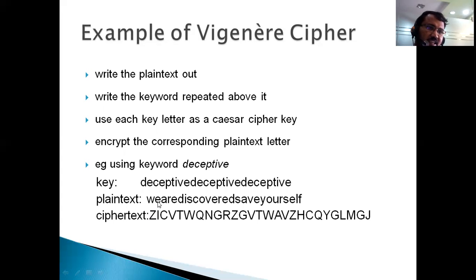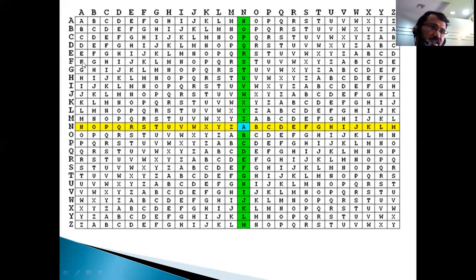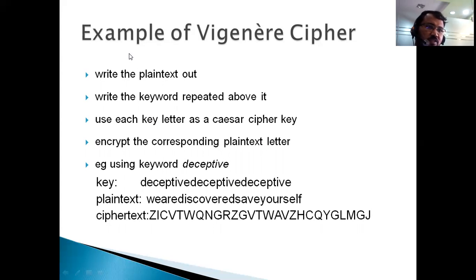In the same way, the key is E and the plain text is E. So go to the matrix, with key E and plain text E. What is the letter we are having here? I. So this I will be substituted. So E will become I, A becomes C, R becomes V and so on.